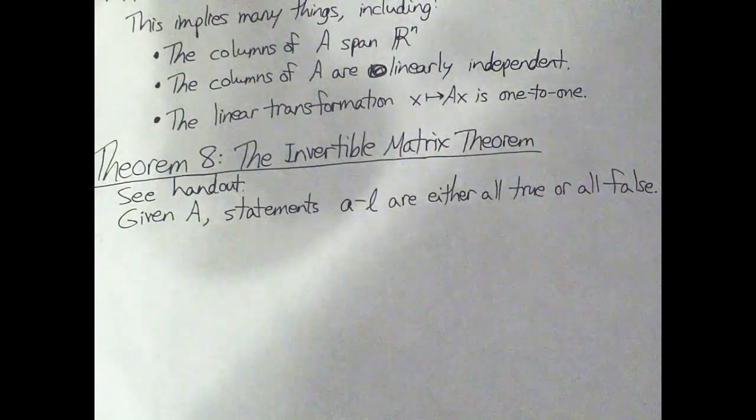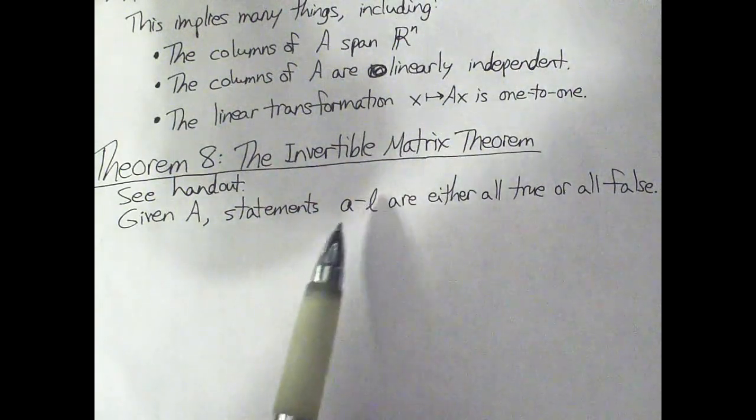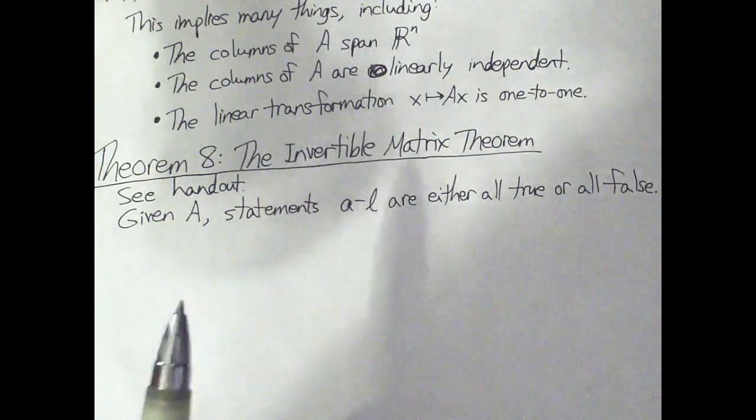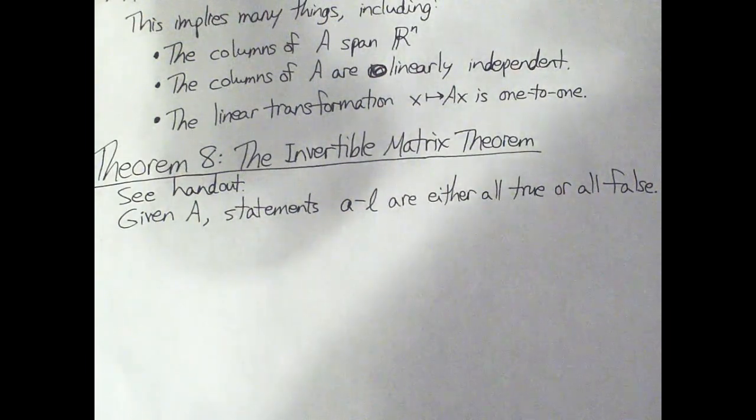Well, guess what? I said that this was the most important theorem of the semester. Part of the reason why this theorem is so important is not just for these statements. It's actually because throughout the semester, we're going to come back to this theorem and add even more statements to it. The list is going to grow even longer.